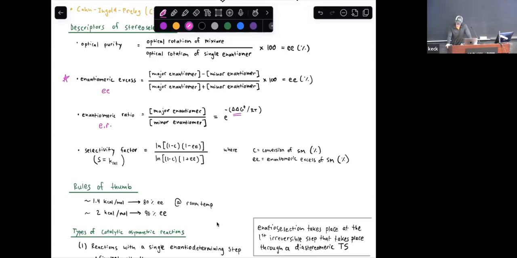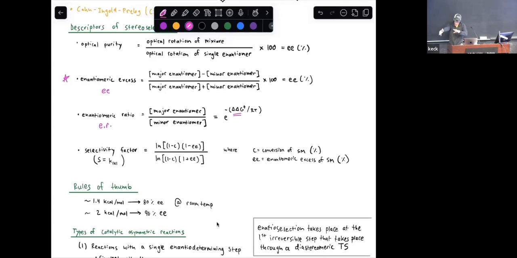So for a kinetic resolution, remember what you're trying to do is you have typically a racemic mixture and you're trying to react off one hand of your molecule of interest. In an idealized kinetic resolution, you run it to exactly 50% conversion, meaning every single molecule of one hand is converted to whatever you're converting it to.